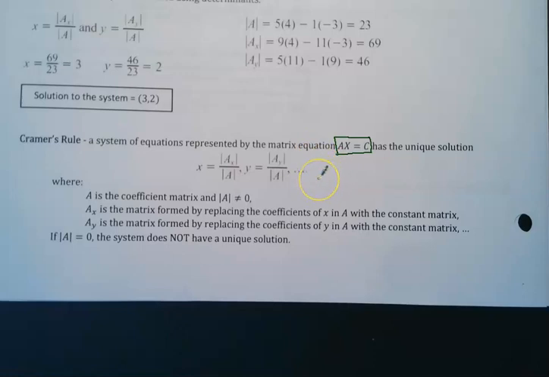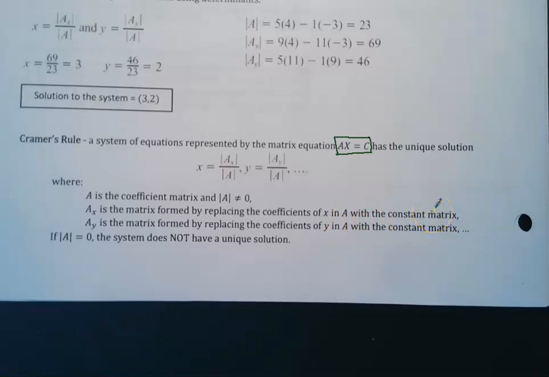So Cramer's rule says a system of equations represented by the matrix equation AX equals C has a unique solution, x and y, where A is the coefficient matrix and the determinant of A is not 0. A sub x is the matrix formed by replacing the coefficients of x in matrix A with the constant matrix.